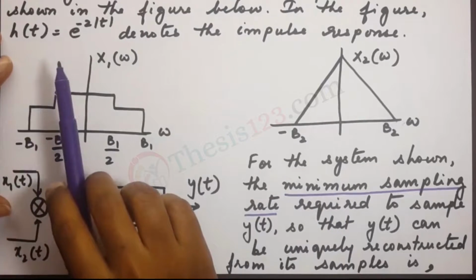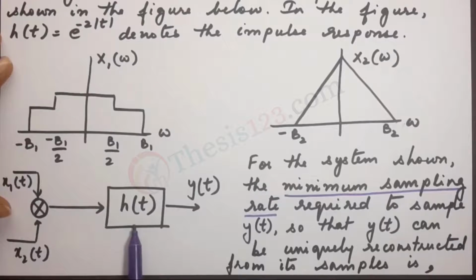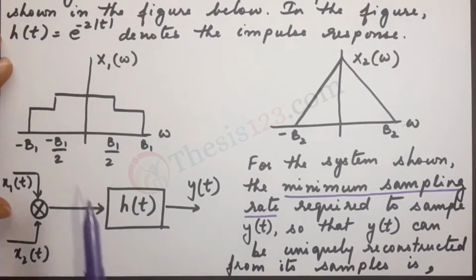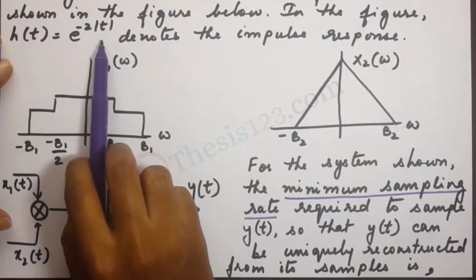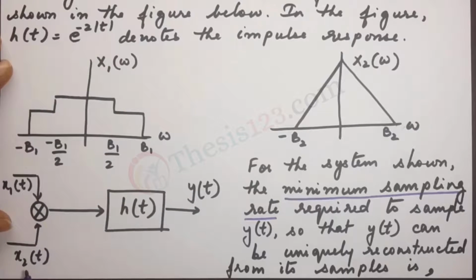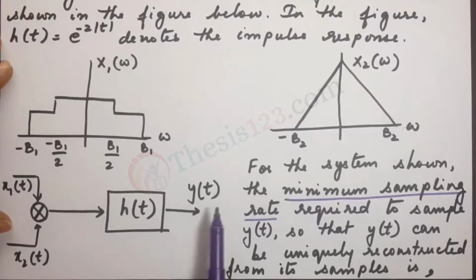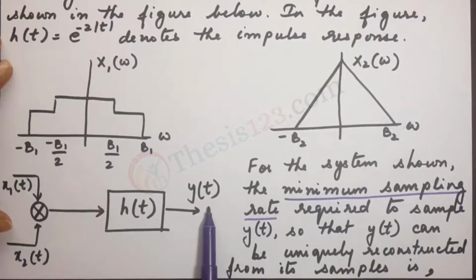And the figure gives us that h of t, this system right here, is e to the power of minus 2 mod t. So correspondingly, you will see that the input signals x1 of t and x2 of t making up the system give out the output y of t.